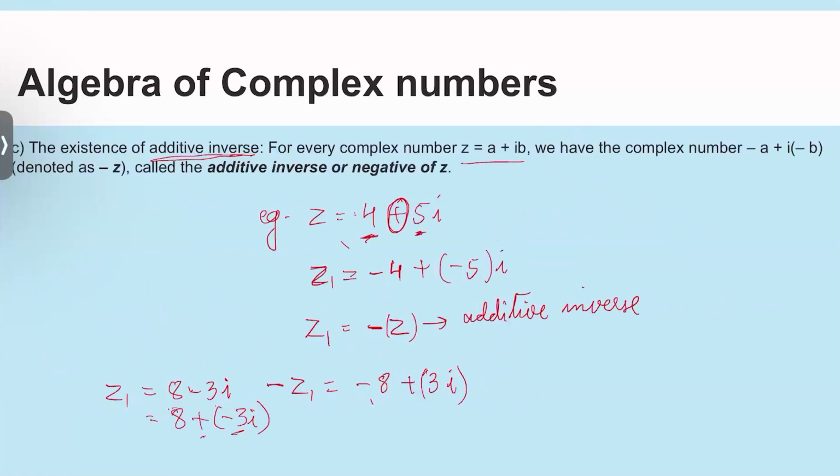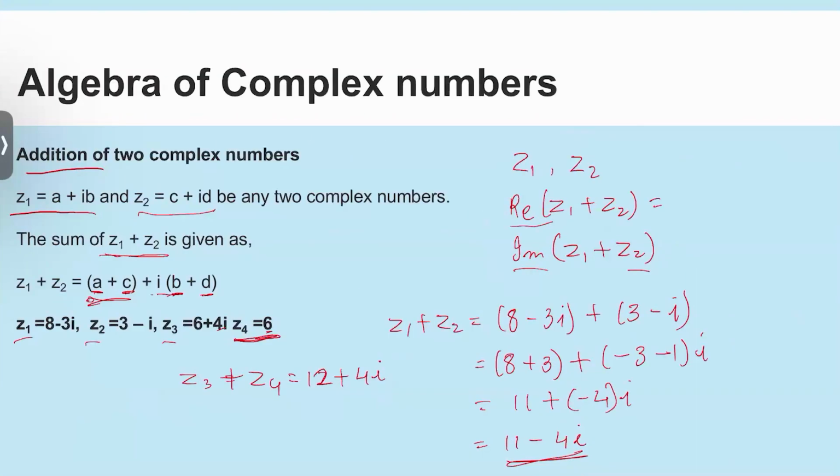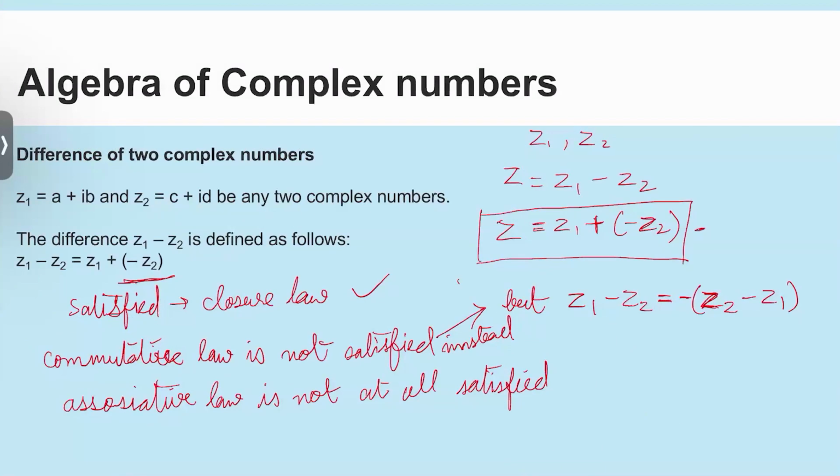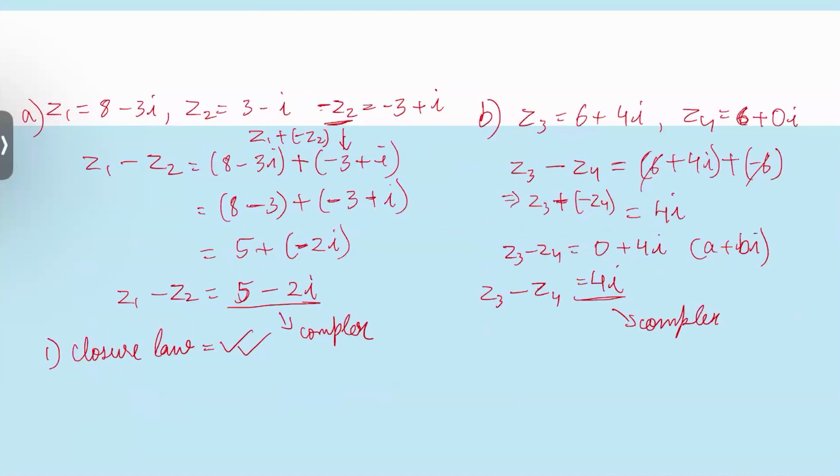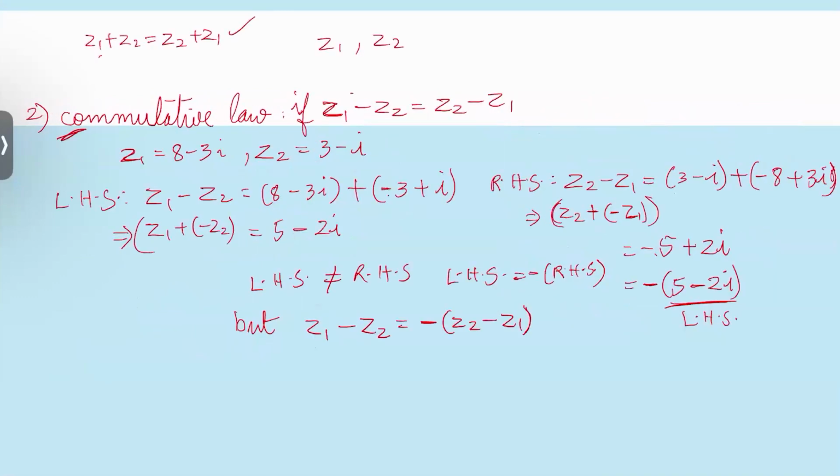Now, if you want to check another example, if we take Z3 and Z4, let's see if Z3 minus Z4 is equal to the negative of Z4 minus Z3, like what we saw with this.